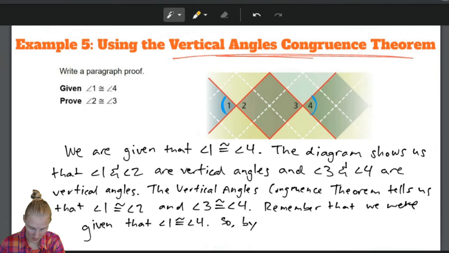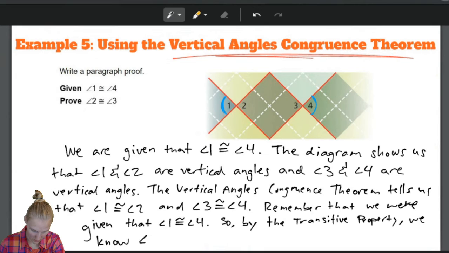So, by the transitive property of congruence, we know angle 2 is congruent to angle 4, and thus, angle 1 is congruent to angle 2.